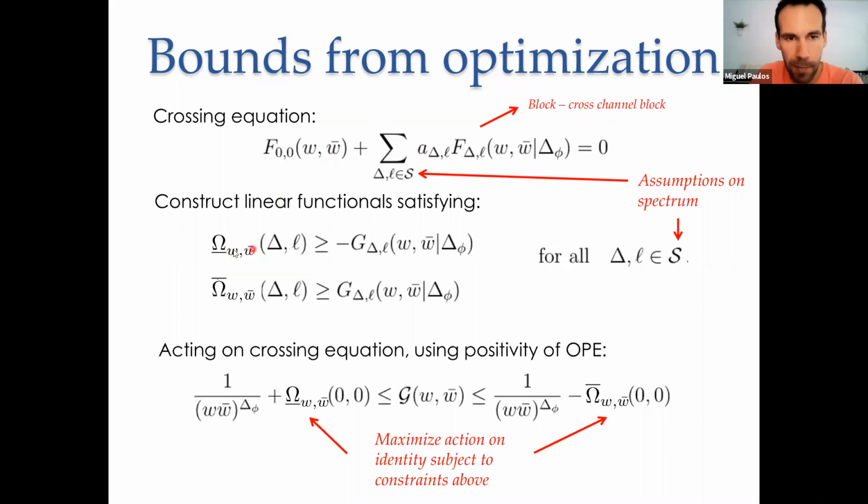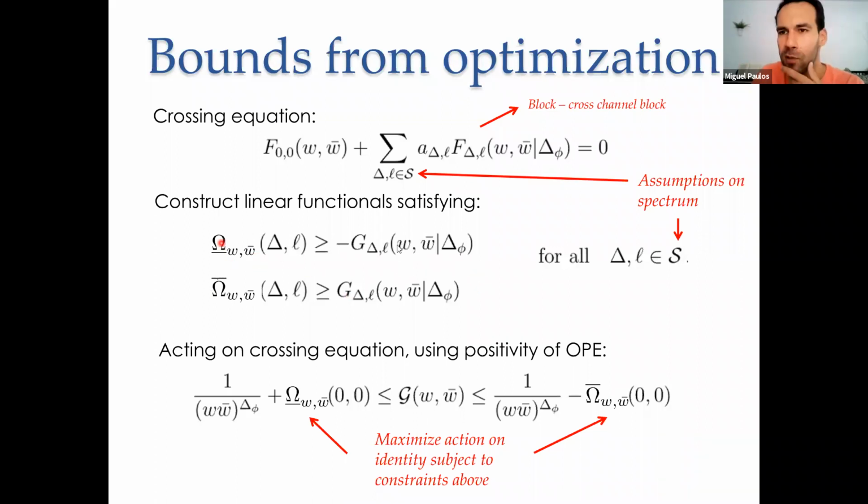I'm going to choose a minimizing point labeled by some choice of W bar, and I'm going to ask for this functional to satisfy the following constraints: that when it acts on the crossing vector delta L, it should be larger or equal than minus the conformal block delta L evaluated at this W and W bar. And similarly for this one, which will give us an upper bound.